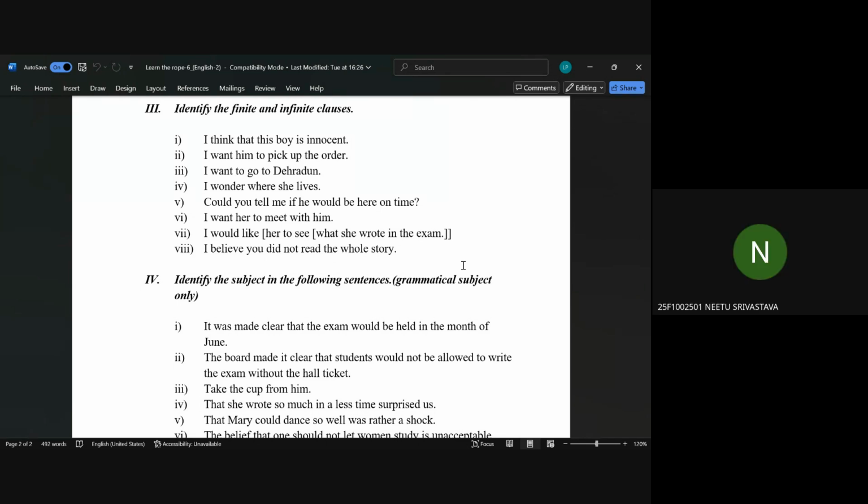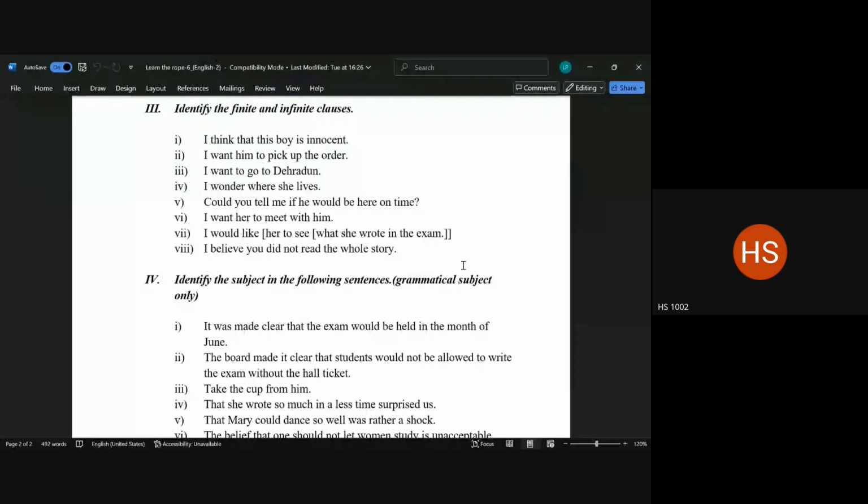This is finite, because the subordinate clause, that this boy is innocent, carries the verb is, and is has a tense. It has a finite verb which carries tense on it. This clause is also finite. That is how you analyze it.